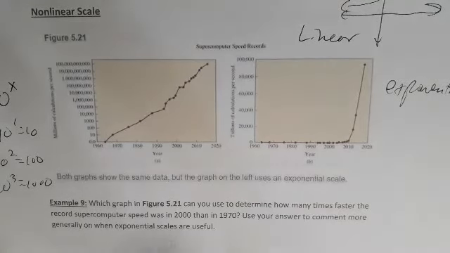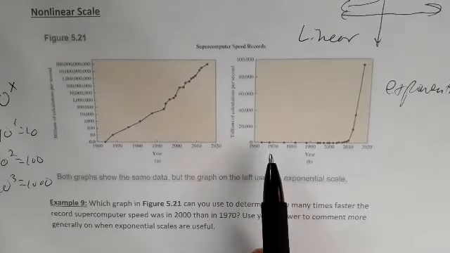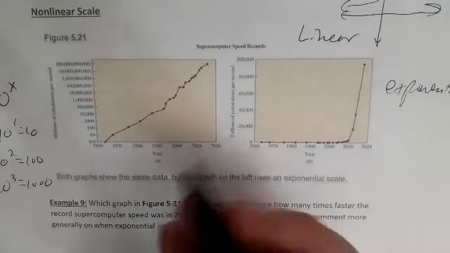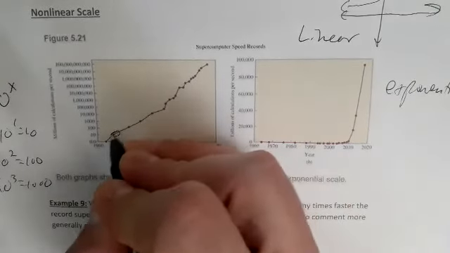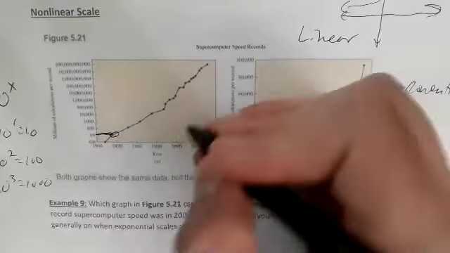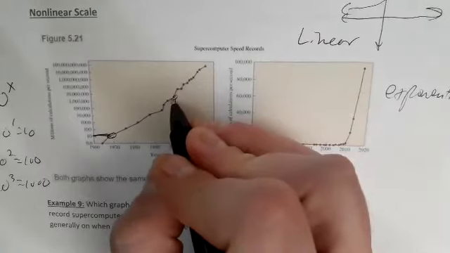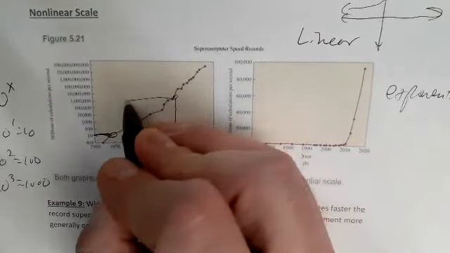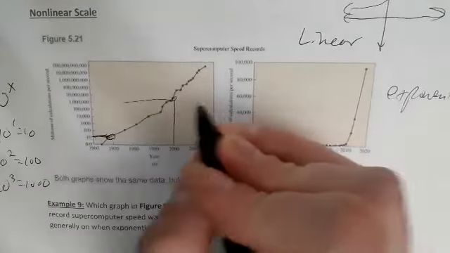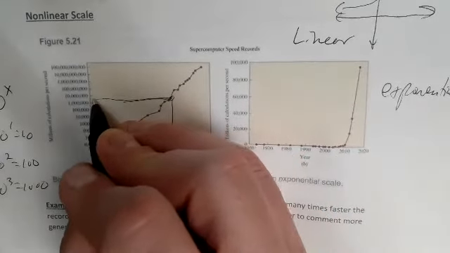If we want to figure out what supercomputer speed was in 1970 using this one over here, good luck. Try to figure out what that amount is. You're probably not going to see it. The 1970 was right around here. What I'm seeing is it's about 10. If I look over here at 2000, where am I getting here?